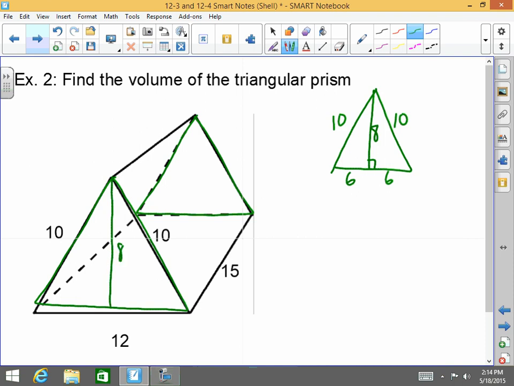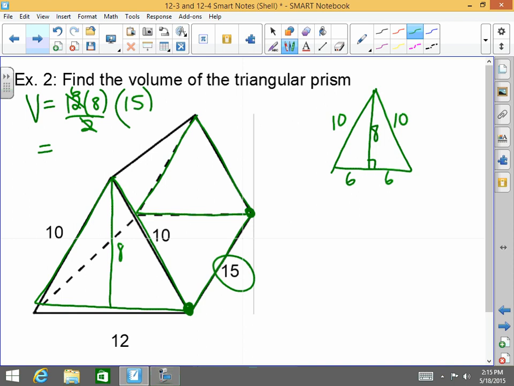And now I can find my volume. Base area, which is base times height, divided by 2, times the height of the figure. Remember that the height of a prism is the distance from one base to the other base. So that would be 15. So that's 6. So that's 48 times 15.